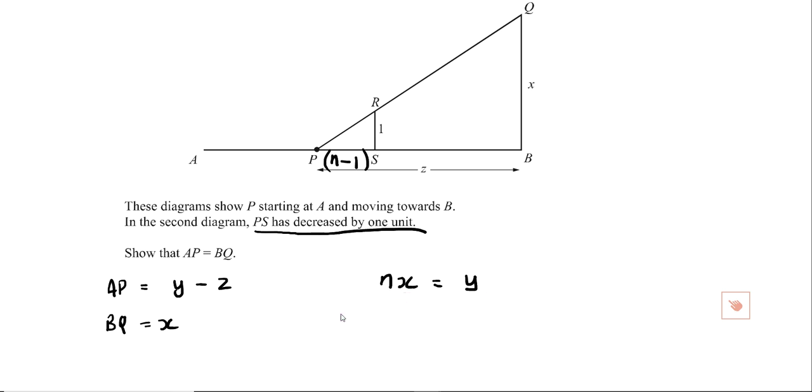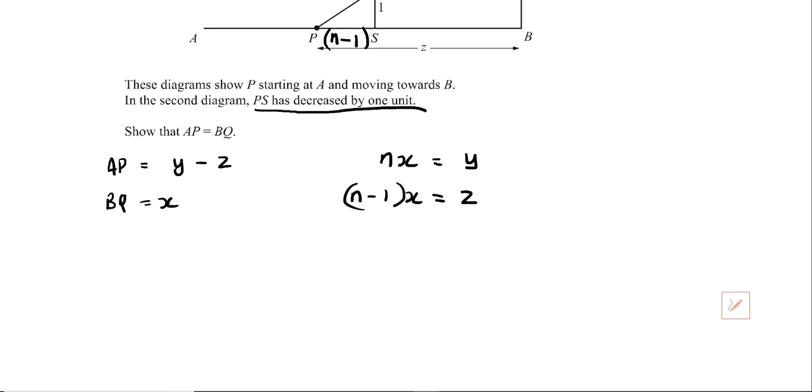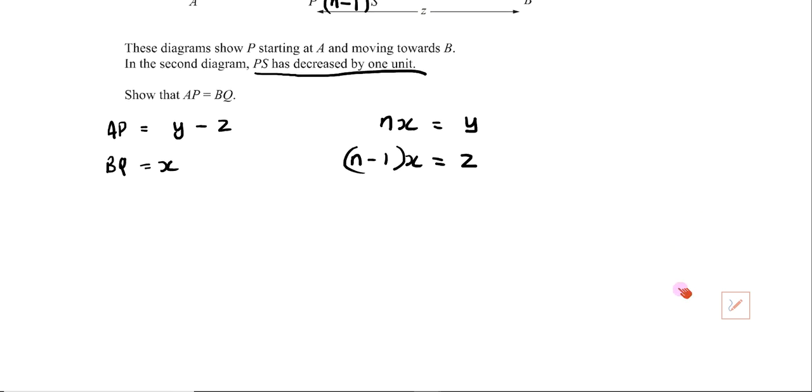That's an easy way to write it. And then N minus 1, all of that in brackets, times X equals Z. So basically the same thing we did last time, but using N and N minus 1. From this you can write Z equals N minus 1 times X.